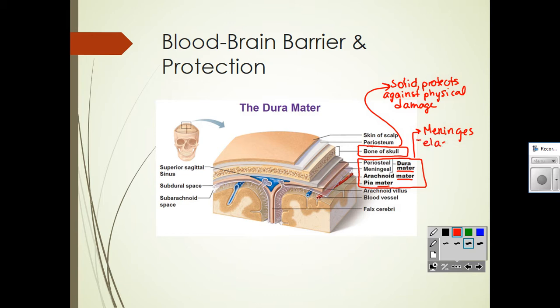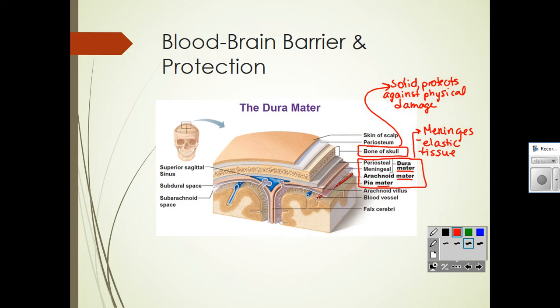These are pieces of elastic tissue. So they're not solid and hard like bone is. Elastic tissue means it's a little more flexible, a little more stretchable. Now if you look, there are 3 layers of tissue, and they're written in the order that they appear.